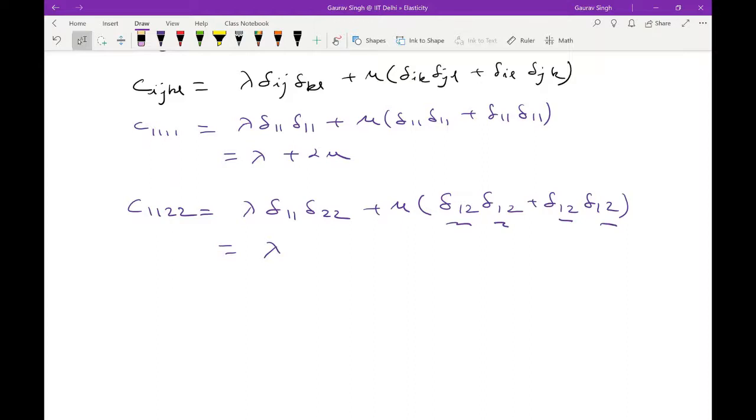So just to summarize, we had 81 elasticity constants. Coming down to 36 was quite easy because of the symmetry of the stress and strain tensor. Coming to 21 was because of the presence of the strain energy density. Now after this one could have taken a few routes.